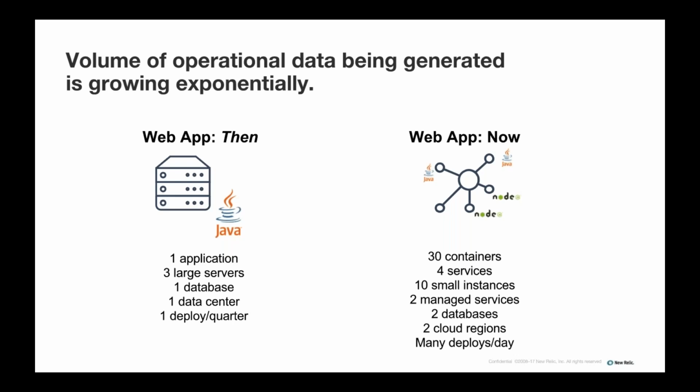If we look into the application, the underlying infrastructure that supports your applications came from these 3 large servers that you had in your data center, that big database that if it was falling down, everything was screwed. And that was the old clunky infrastructure that was supporting these quarterly launches.